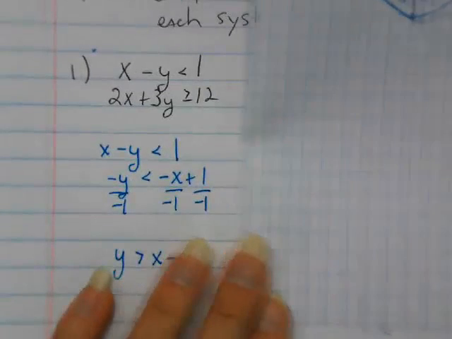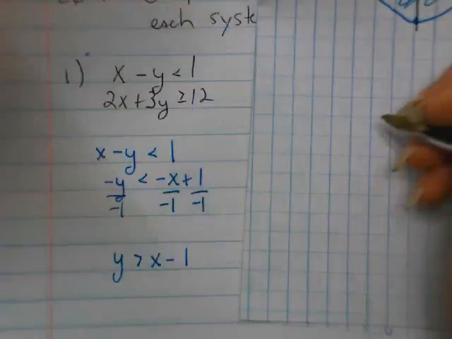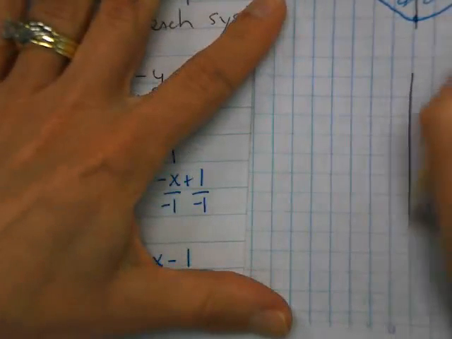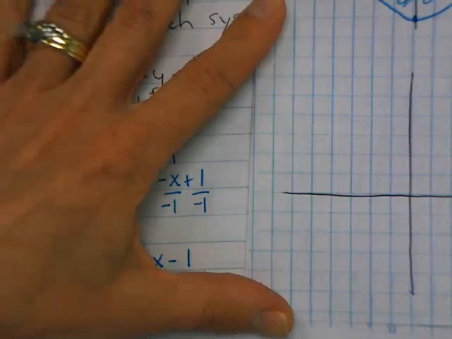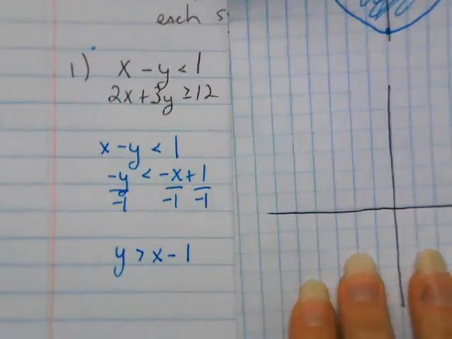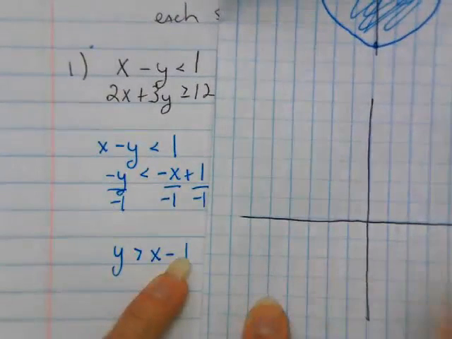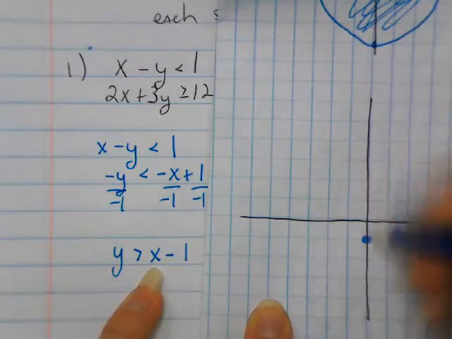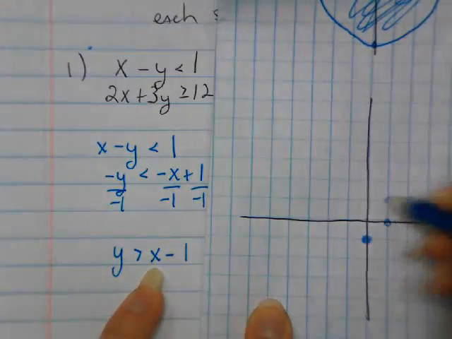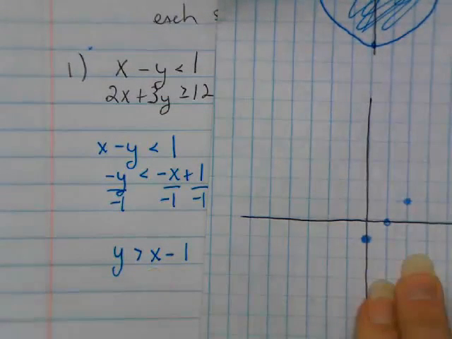So I'm going to use two different colored pens when I graph this one. So the first thing I'm going to graph is I have a y-intercept of negative 1. And I have a slope of 1. So I go up 1 over 1. I'm just going to do it again. Okay?